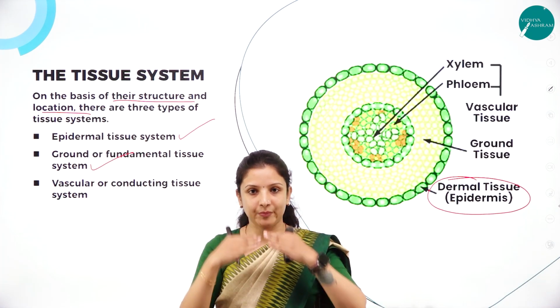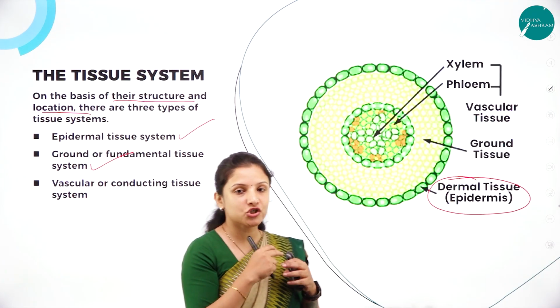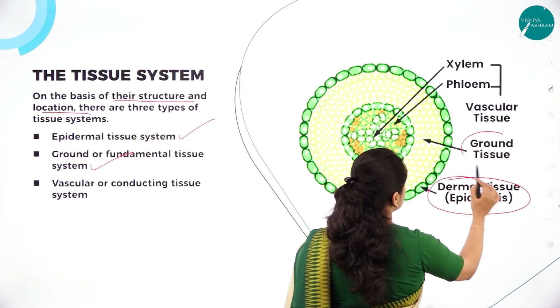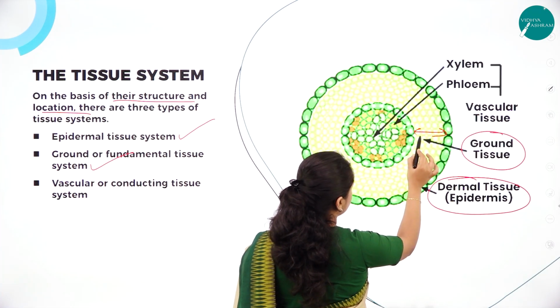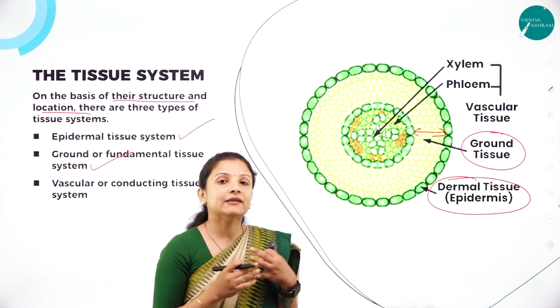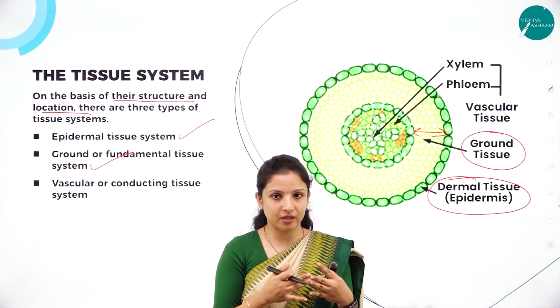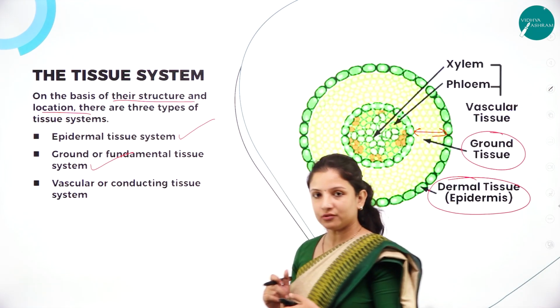Below the epidermis, whatever tissues are present, we call it the ground tissue system. That is, it is placed between the epidermis and the vascular bundle. So whatever cells are placed there come under the ground tissue system.